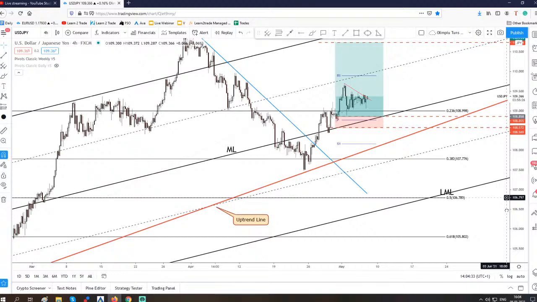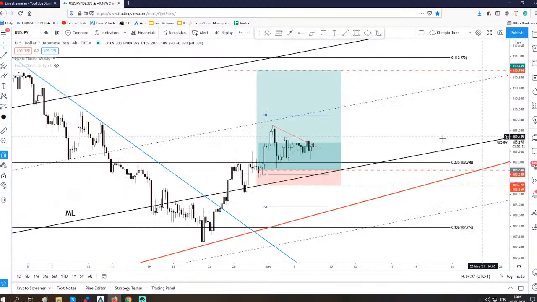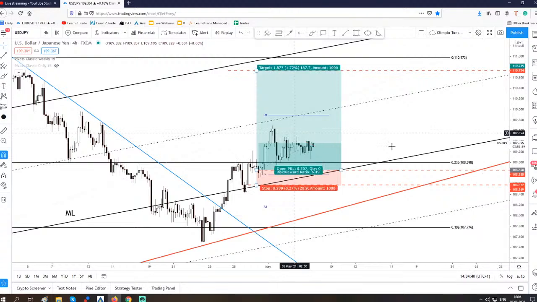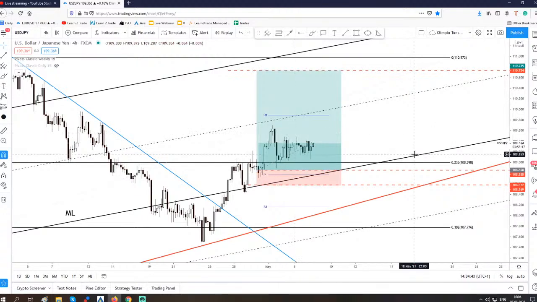So we talked earlier about this one. So we have a long position here, an open position trade on the US dollar versus the Japanese yen. The bias is still bullish, and I've told you that this pair could continue higher. Our position is protected. We opened a trade here at 108.57.